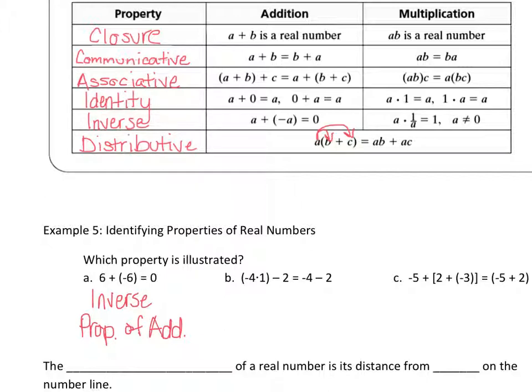All right, the next one, what's going on? What makes you think it's associative? Because they have an equal sign and they have parentheses. Okay, so parentheses kind of make us think associative. But when you look at these, see what the difference is between the left side and right side. So what changed from here to here? You're multiplying over 1 on the left side, not multiplying on the right side.